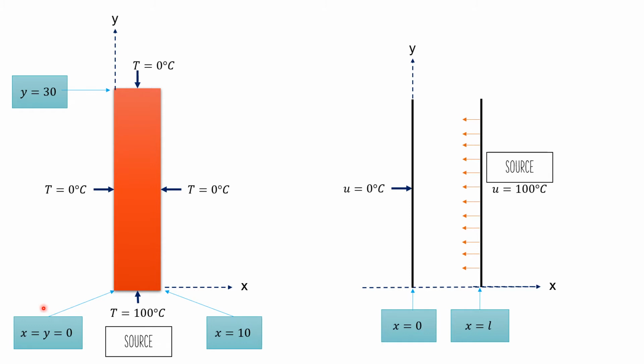This is the diagram which I showed in the first slide just now, but I'm just putting it again. So this is the case that we are going to consider now. And on the right hand side here, this is the sketch of what we have done for the Poisson equation. So in this video on the Poisson equation, we are talking about a heat flow from the right here towards the left.